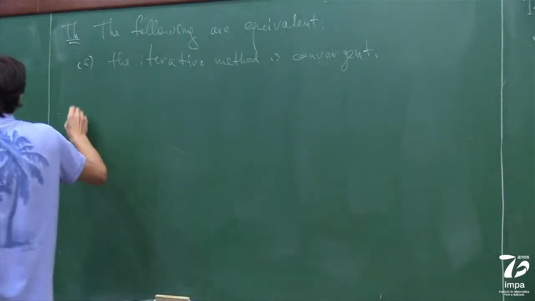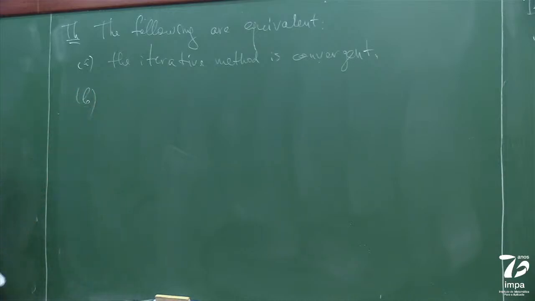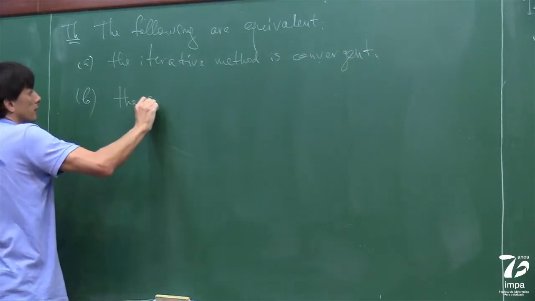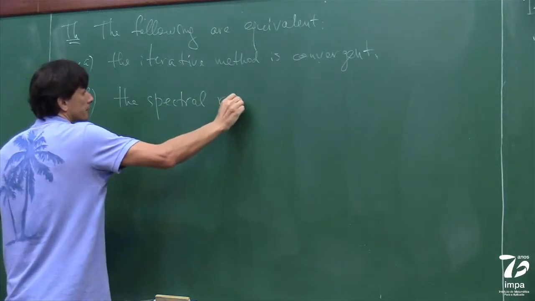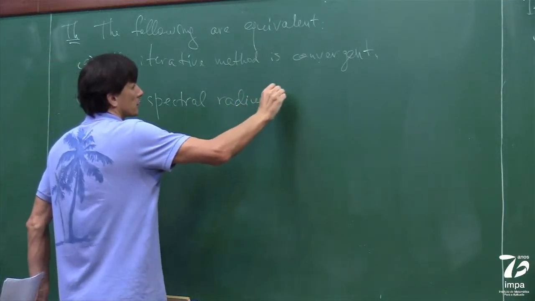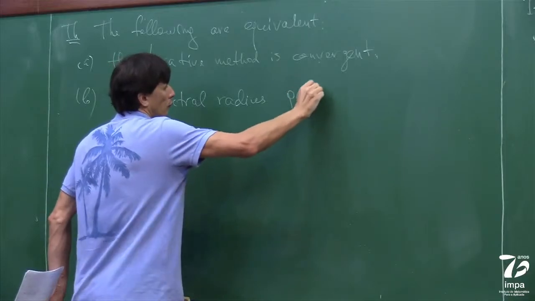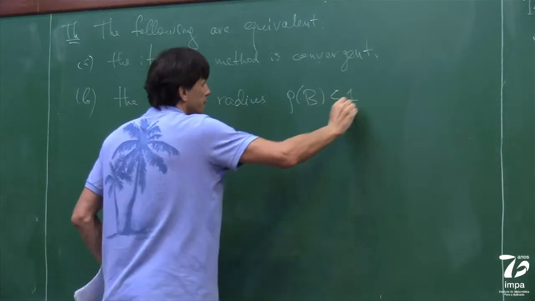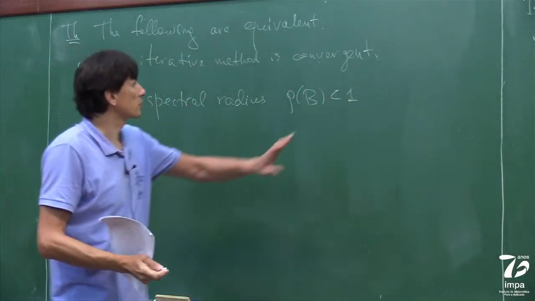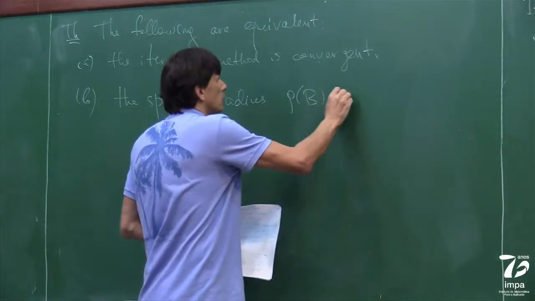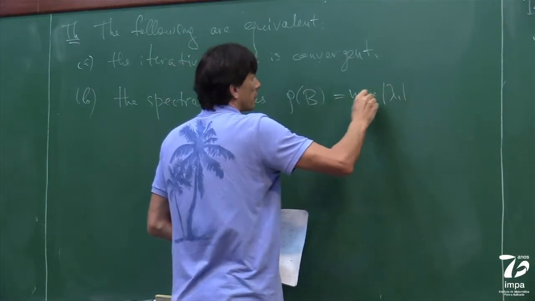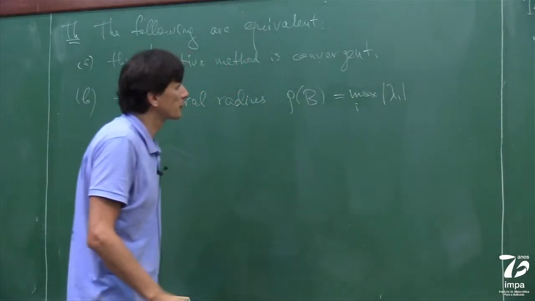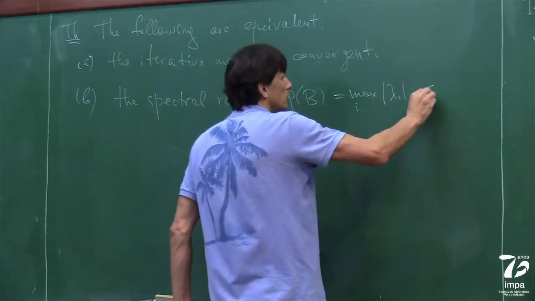It's the same as to say that the spectral radius of matrix B is smaller than 1. Remember, what is the spectral radius? It's the maximum absolute value of the eigenvalue of the matrix B. So it should be less than 1.